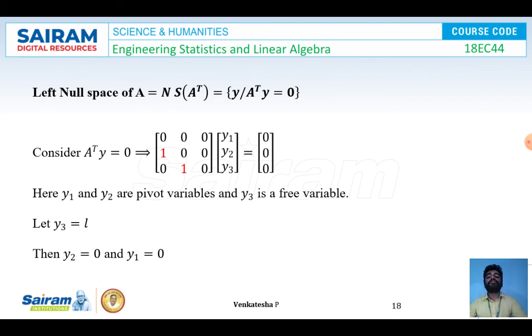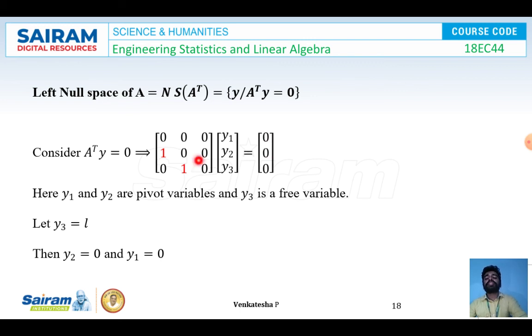Next one is the left null space of A. It is equal to the null space of A transpose. The formula is given by Y with the condition that A transpose Y is equal to 0. So consider A transpose times Y is equal to the zero matrix. It is given by [0, 0, 0; 1, 0, 0; 0, 1, 0] times [Y1, Y2, Y3] is equal to [0, 0, 0].